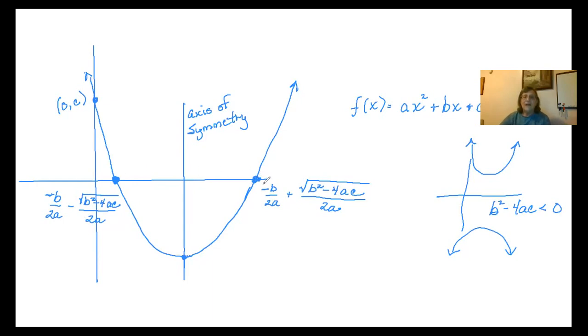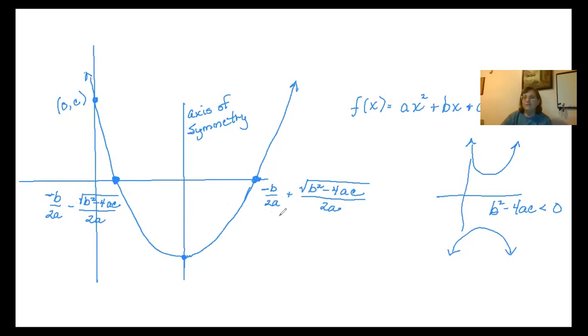If you add these two together and divide by 2 to get their average, and I've split this up as two different fractions on purpose, I add negative b over 2a minus this fraction to negative b over 2a plus this fraction, the fractions cancel, and I end up with negative b over 2a plus another negative b over 2a, which would be 2 negative b over 2a's.